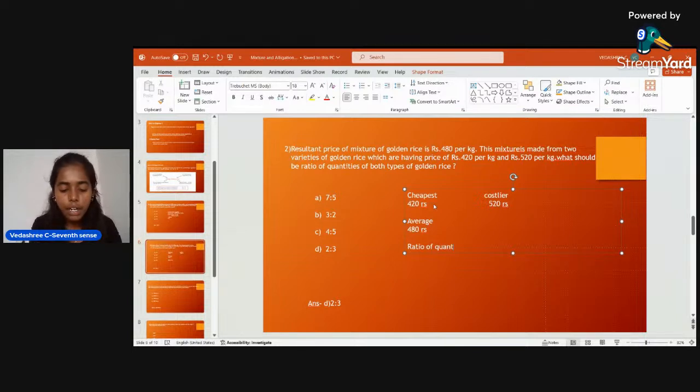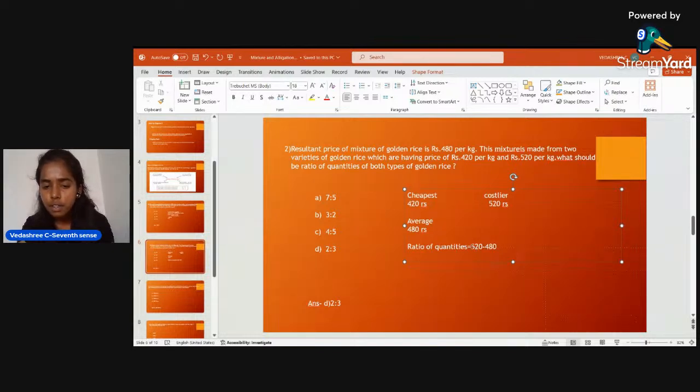We have a formula, that is D minus M divided by M minus C. D is the cost of the costlier ingredient, 520, minus the mean price, 480, divided by the mean price, 480, minus the cost of the cheaper ingredient, 420. So 520 minus 480 divided by 480 minus 420.